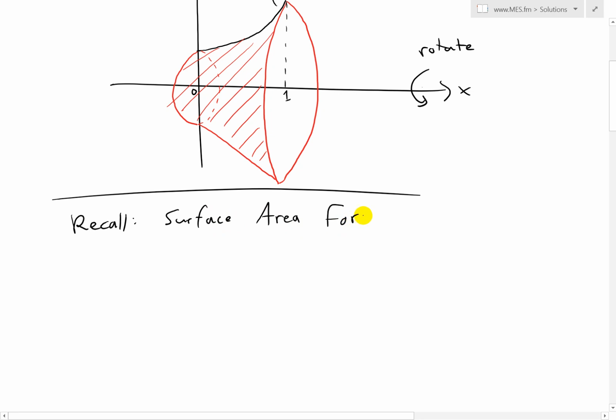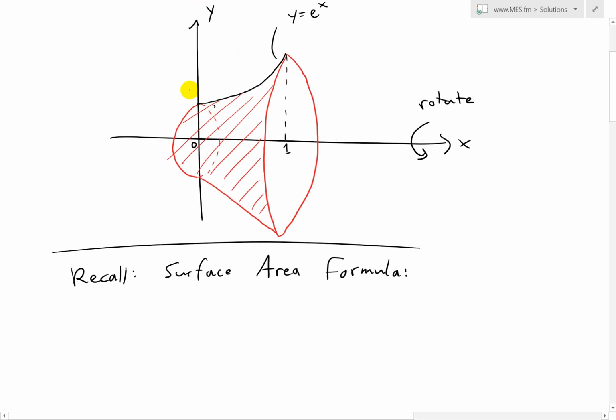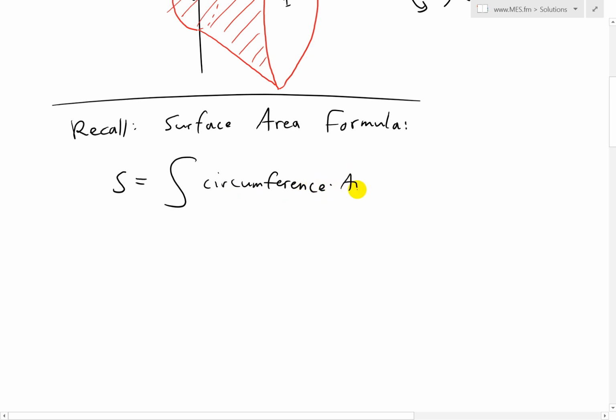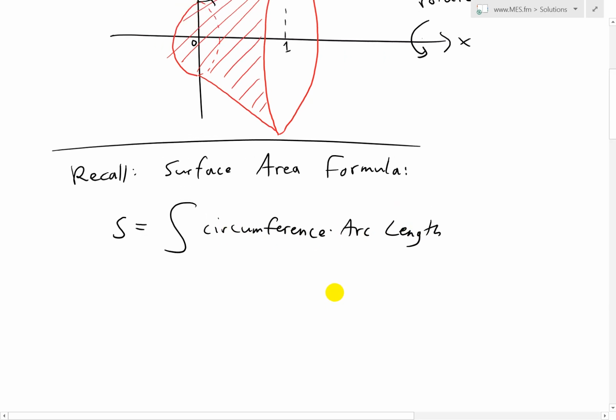We'll call the surface area S. Like I showed before, S is the summation, or the integral, of the circumference times the arc length, looking at a very small section.